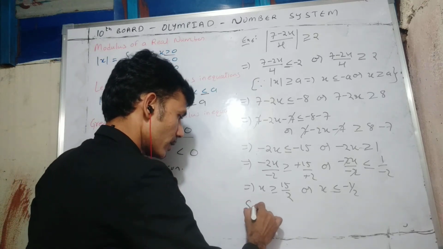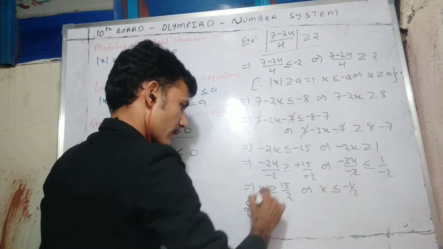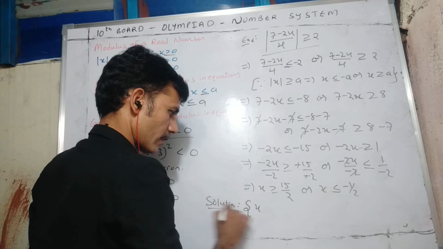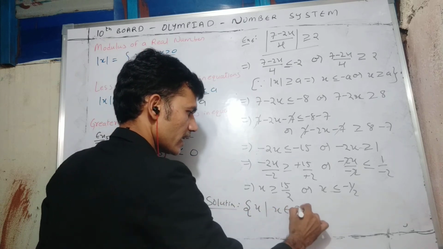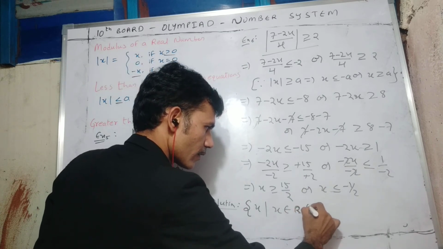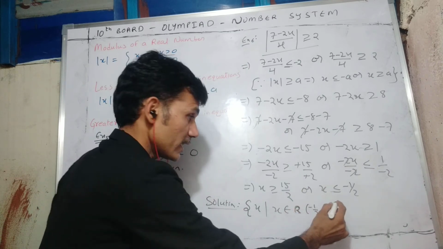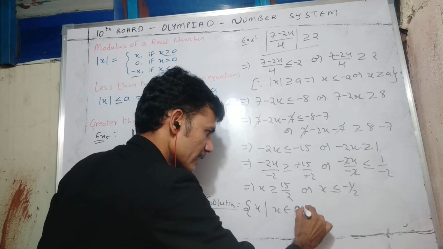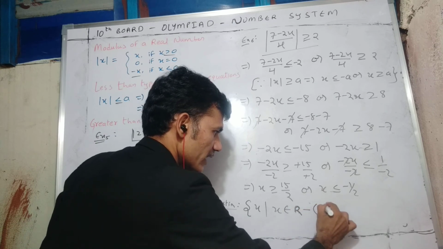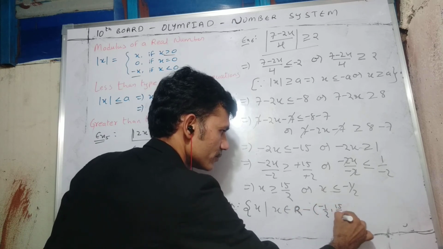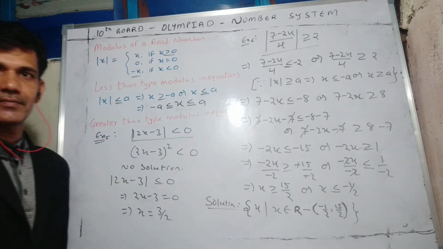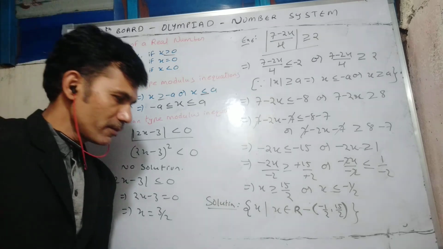See, if you want to write the solution for this: x such that x can be any real number. You can't take the values between -half and 15/2. I don't want these values. Remaining values I can take.